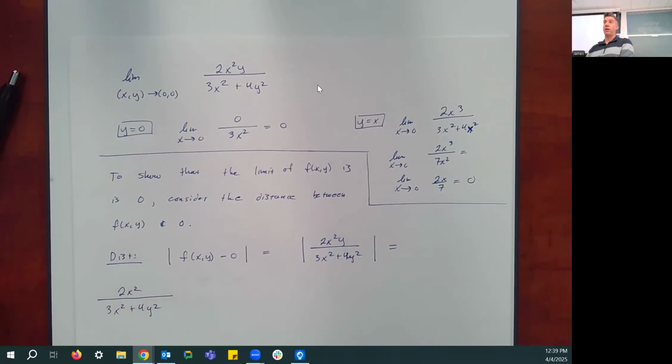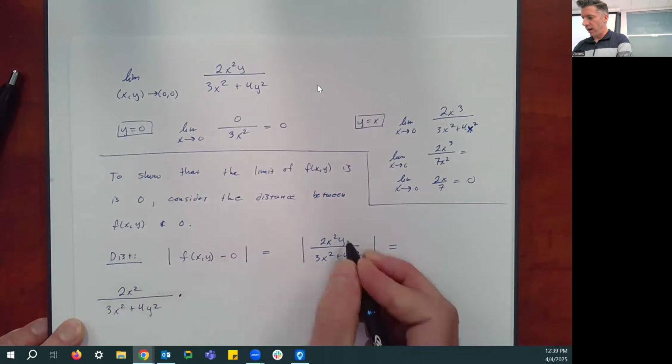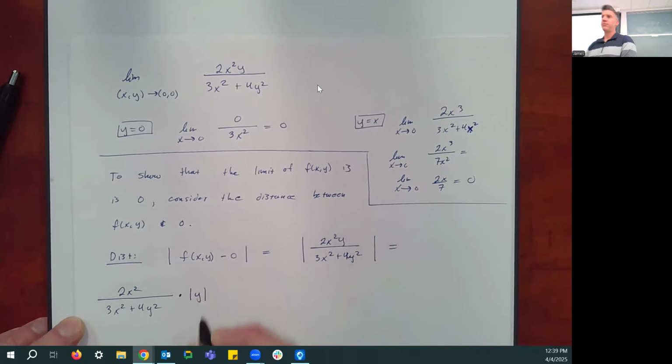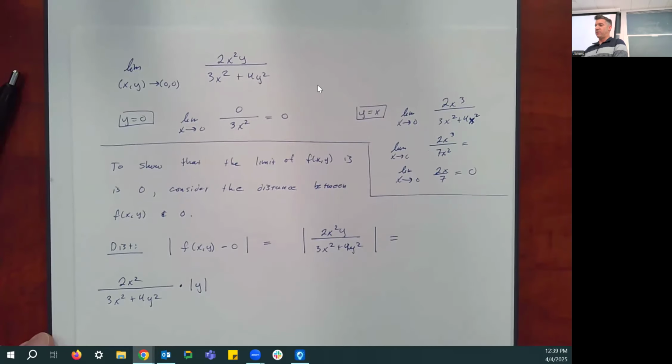That's already always positive, right? Everything is squared. Multiplied by the y that's still left inside the absolute value there. Seems not super necessary, but it's going to help us write things out. So now here's the part that I think is not obvious without having done it before. And that's sometimes what you need. You need to have done it before to know how to do it in the future.